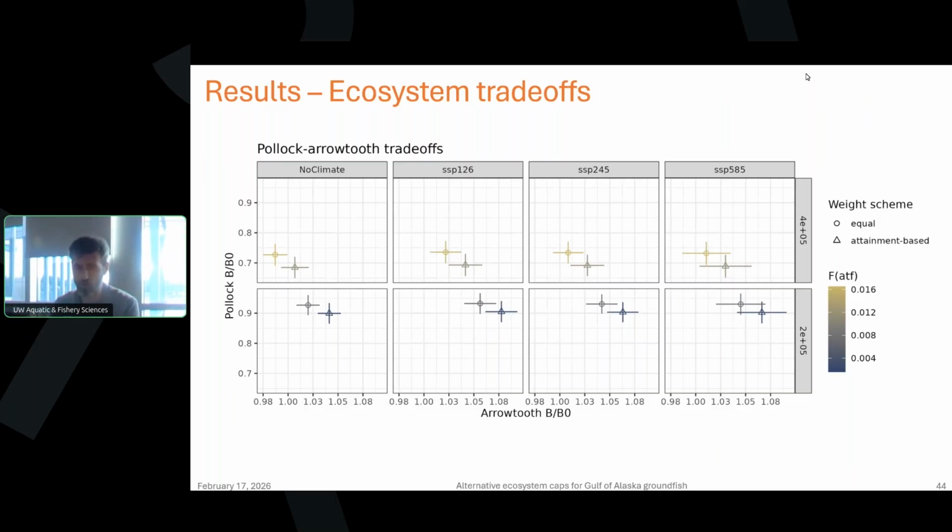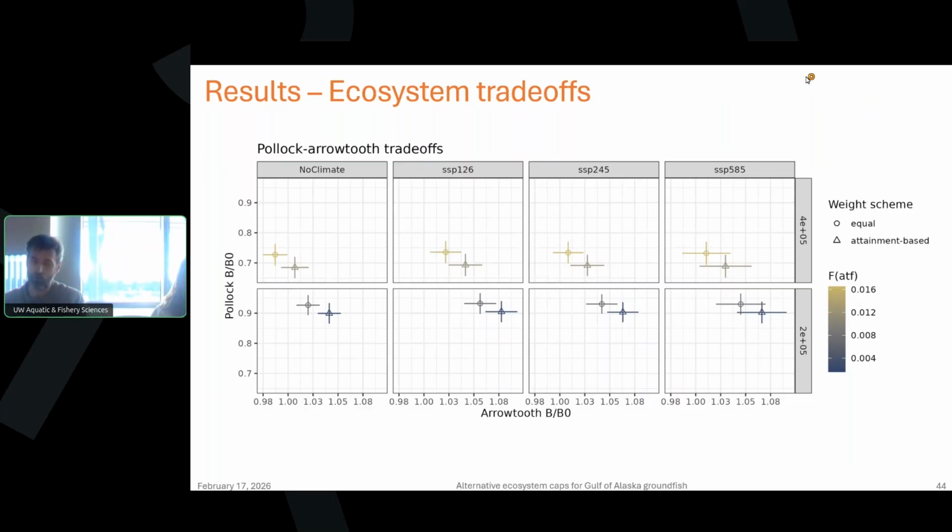And so all this is showing is that configurations that leave more unfished arrowtooth biomass in the water may affect your other groundfish biomass, in the sense that there's going to be increased predation mortality.